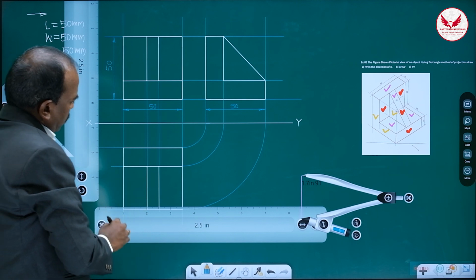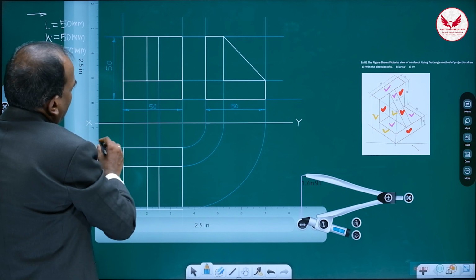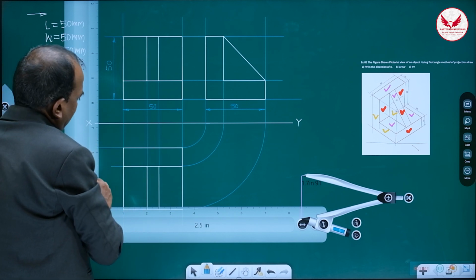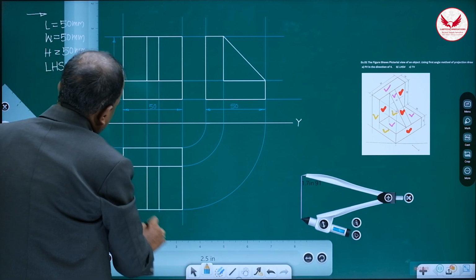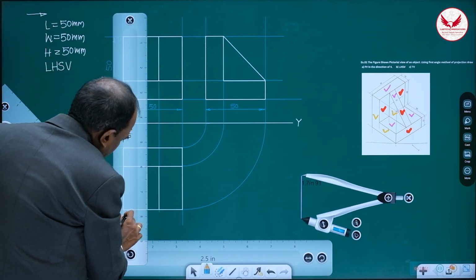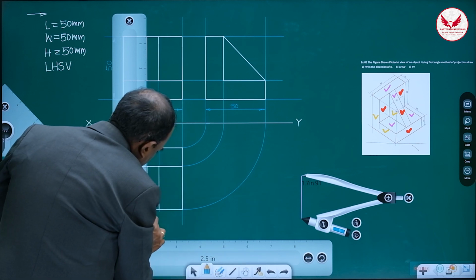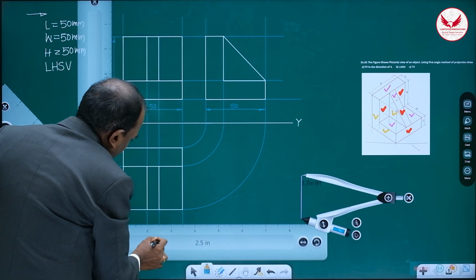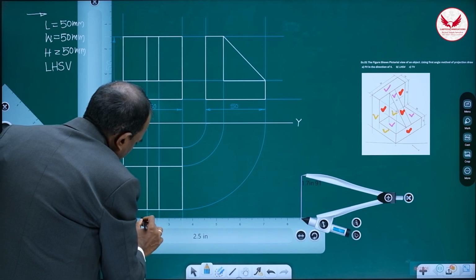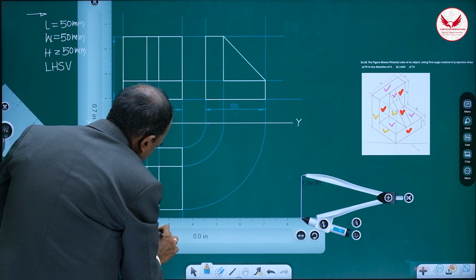Then the internal details, how you can mark the other dimensions like this. Wherever visibility is better, at that place you have to give those dimensions. So as far as this 10 mm is concerned, either you can choose this view, and if very small dimensions are there, then you can give that dimension like this also.